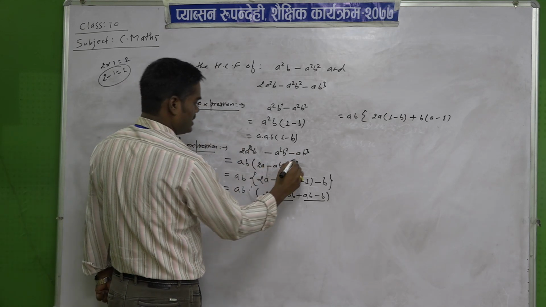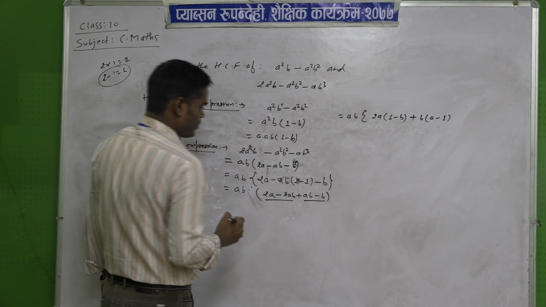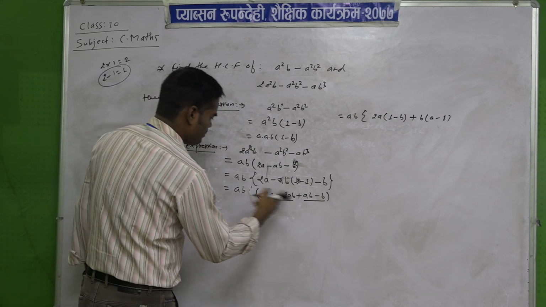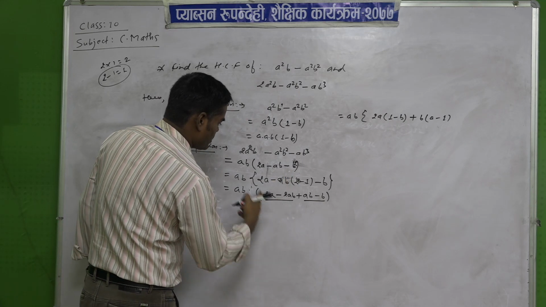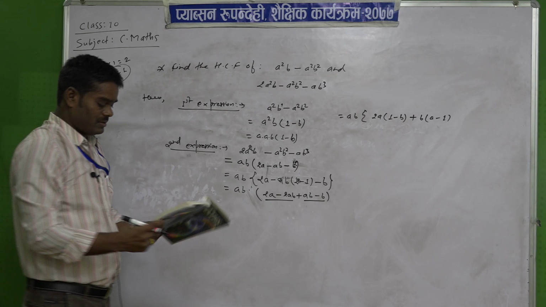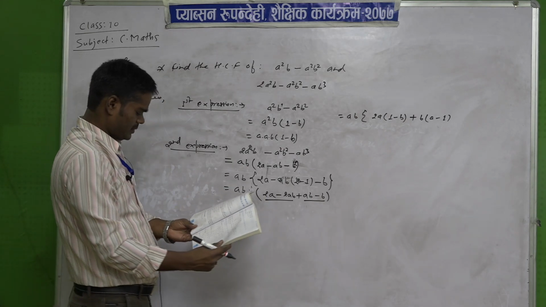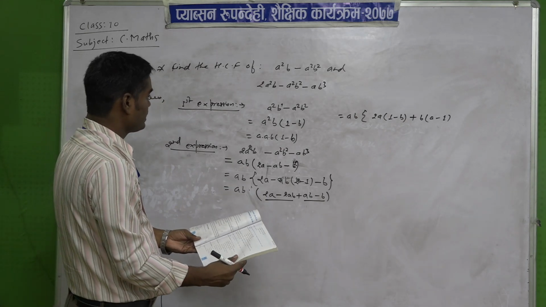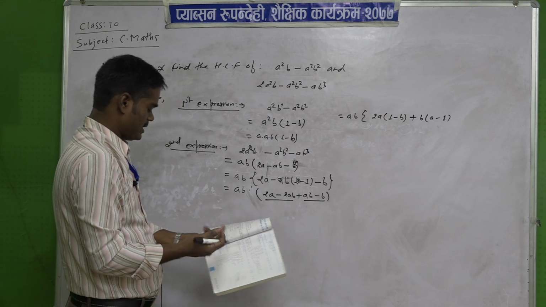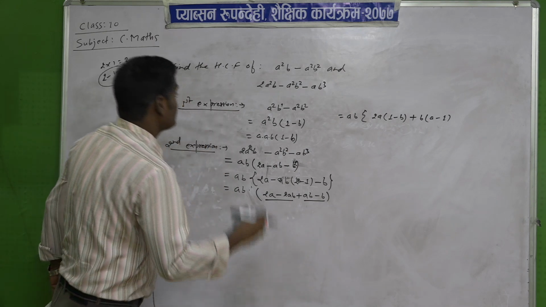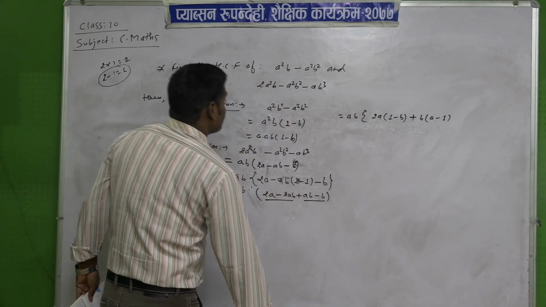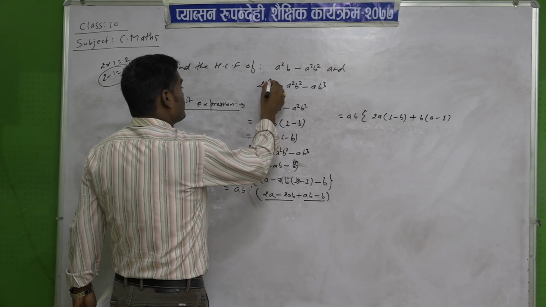B means b square. I have written cube here. Once see, my dear students, while writing the question the mistake is here.